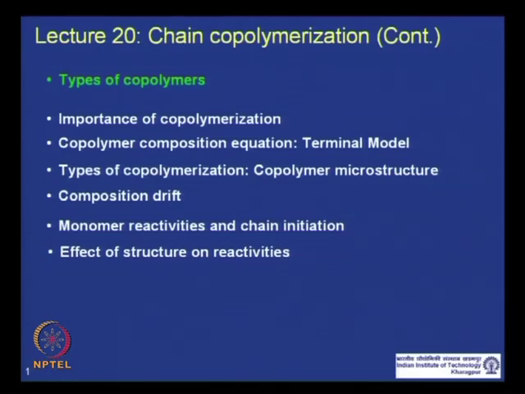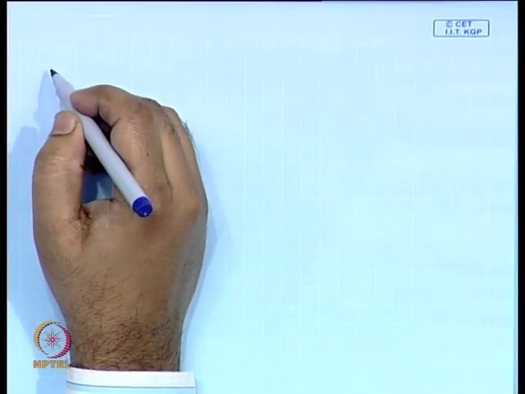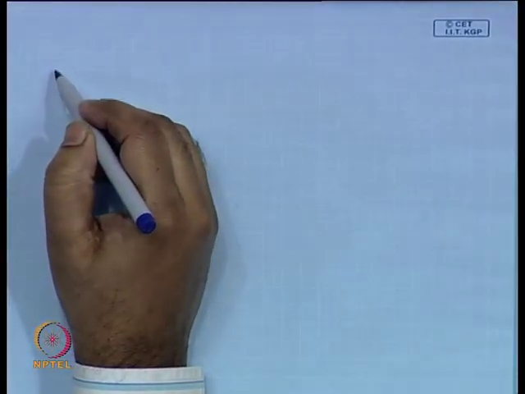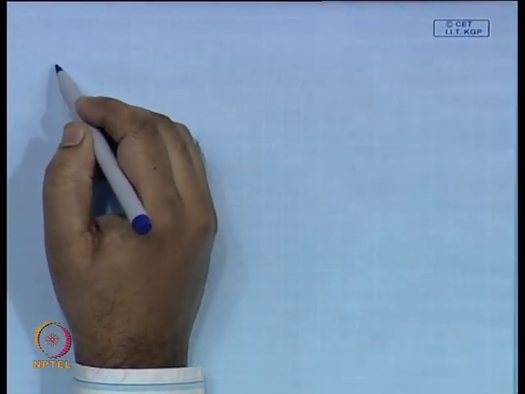Now, just to complete the types of copolymerization we have discussed in the last lecture, how do you write them in terms of nomenclature?